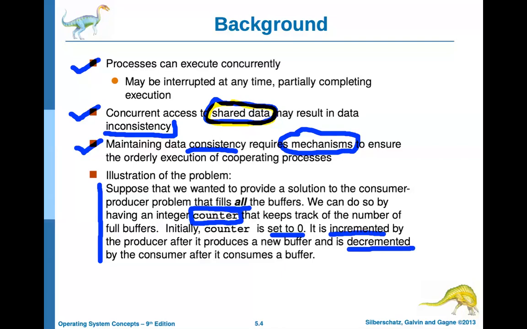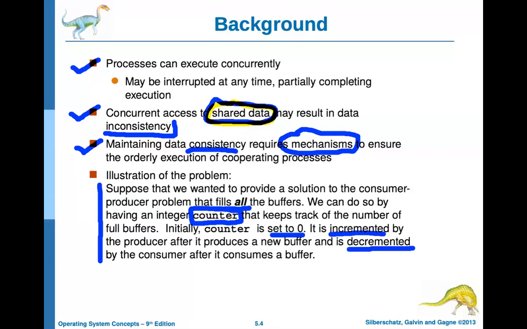How synchronization? So for example, if the value of counter is equal to 0, we can stop the consumer because there is no item to consume. If the value of this counter is equal to n, say for example the capacity, let us assume 5, then we'll stop execution of the producer because there is no space to store the produced item.